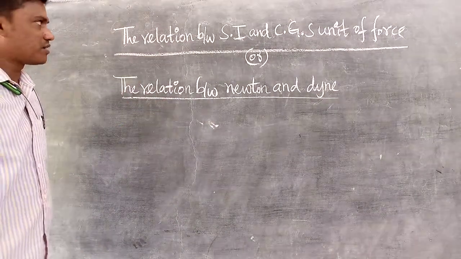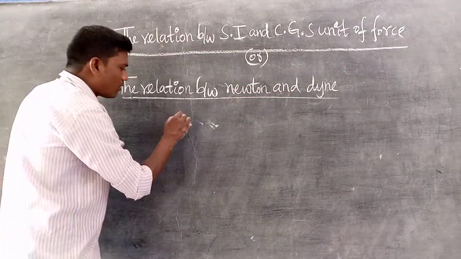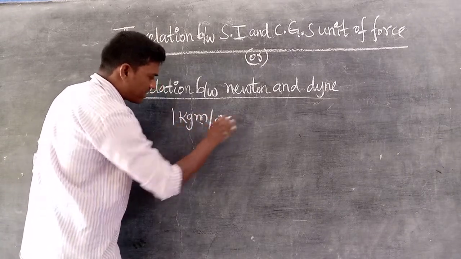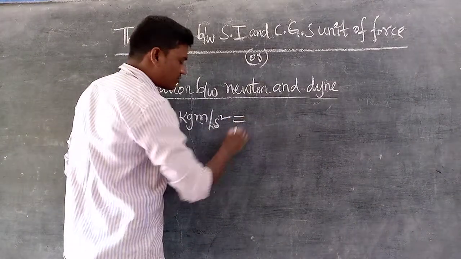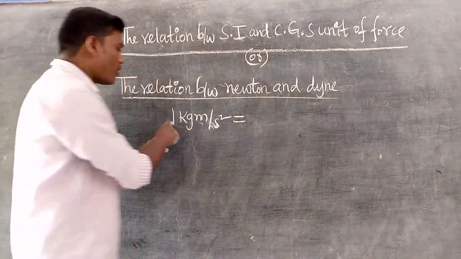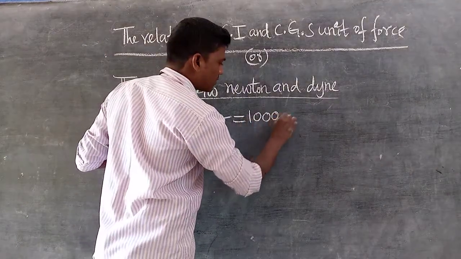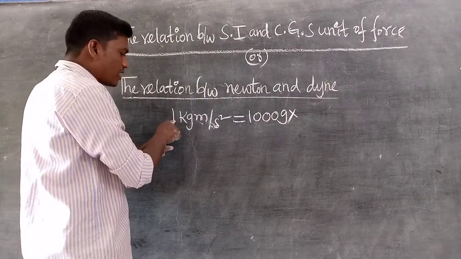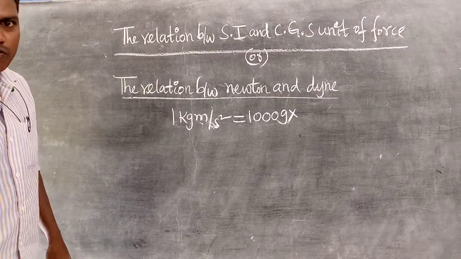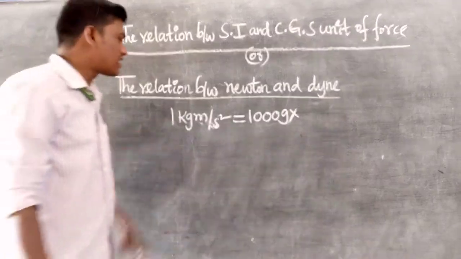Either this one or this one, it is the same, because the SI unit is Newton and the CGS unit is the dyne for force. 1 kilogram meter per second square, which unit is it? SI unit, that is equal to CGS unit, gram centimeter per second square. 1 kilogram is equal to how many grams? 1000 grams into 1 meter per second square. 1 meter per second square is equal to how many centimeters per second square? 1 meter is equal to 100 centimeter.